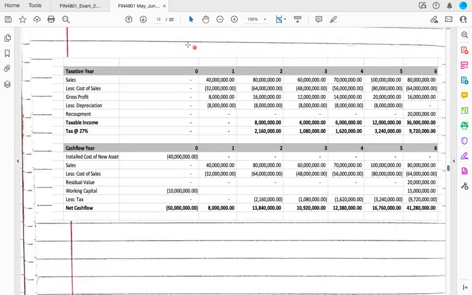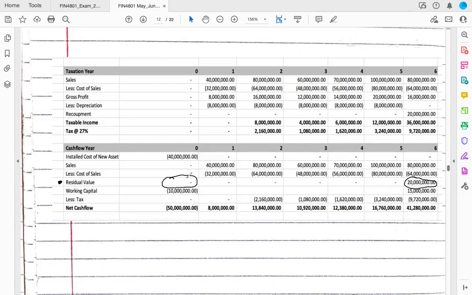Okay, so once we've done that, the next thing we have to account for is our residual value. In this case, this is the residual value, the market price of the new machine at the end of its life, right? It's possible that we could also have a current machine, and that current machine would have a residual value associated with it, right?